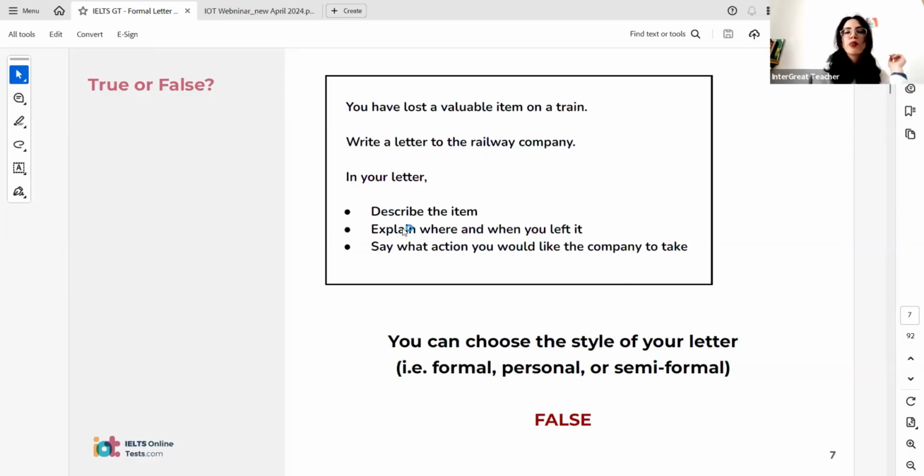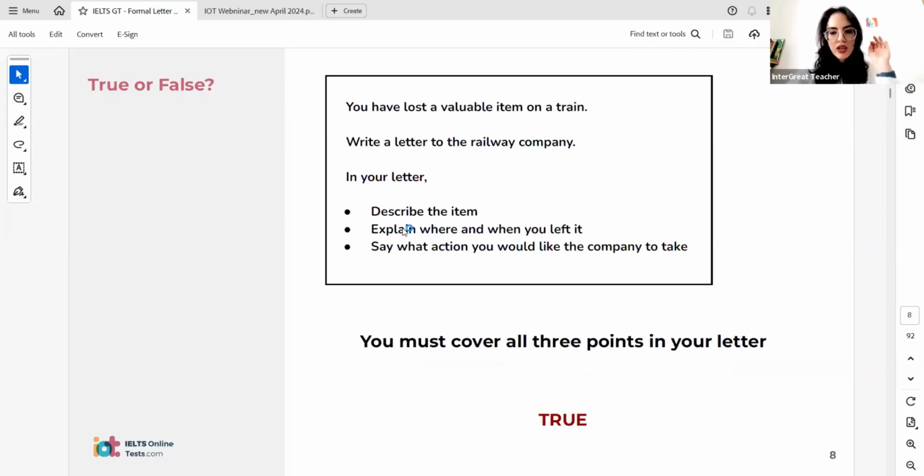Very good, Leah. The bullet points are optional, or let's say they're just recommendations. You're not going to lose marks if you don't address them in your speaking. But that does not apply to writing task one and to the bullet points in the letters, okay? So you must cover all 3 points. So that is true.